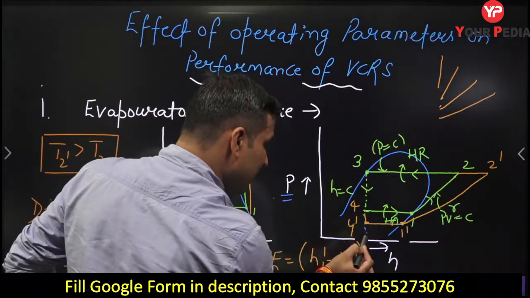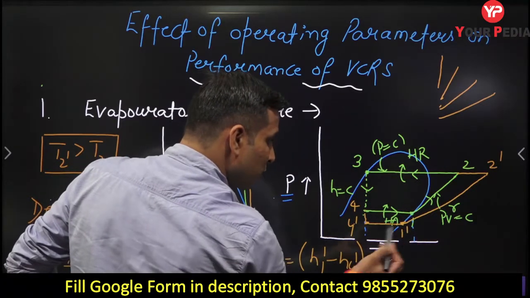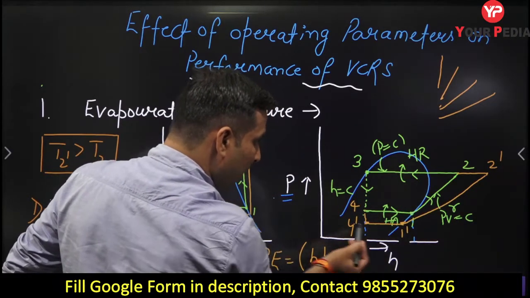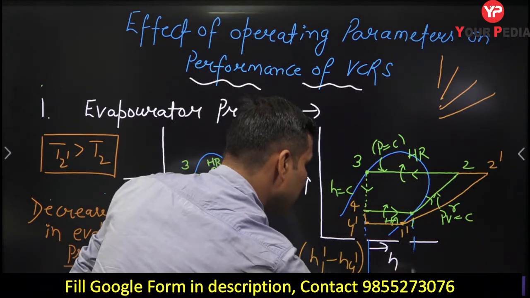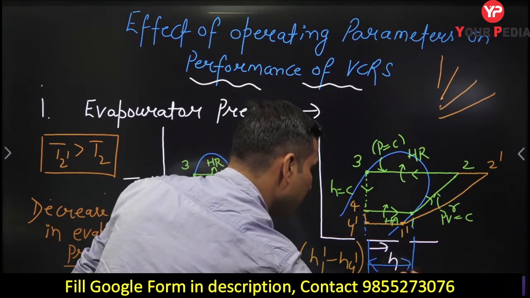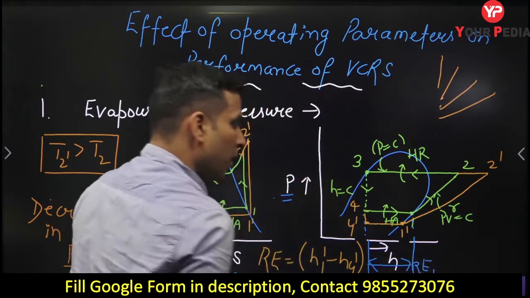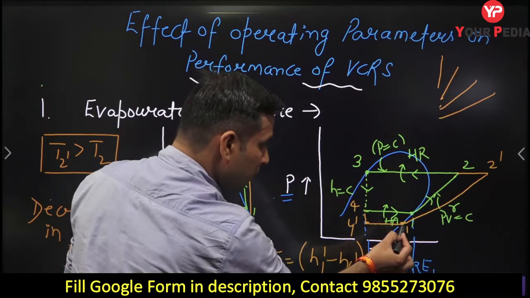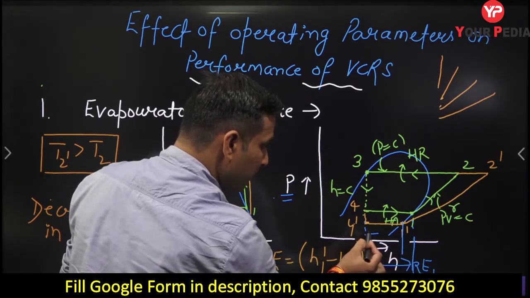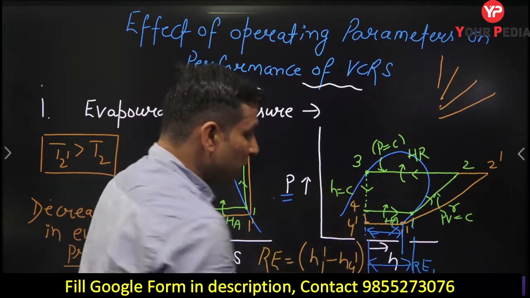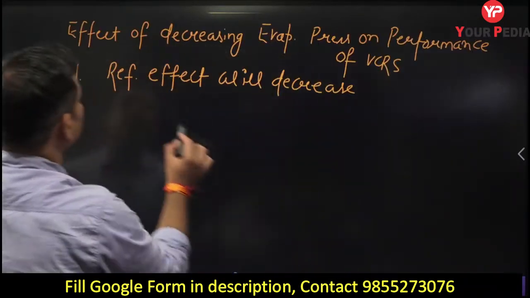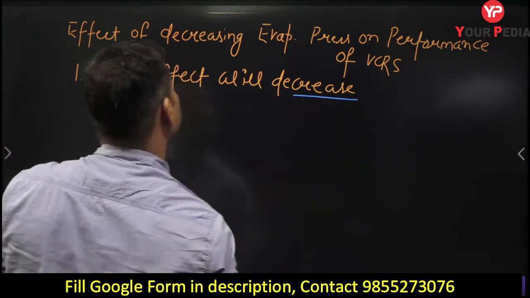In the first case, when the evaporator pressure is higher, this particular blue line H1 minus H4 is the refrigeration effect, RE1. Now this is the refrigeration effect, only this one, and this is less than that, easily you can observe. So the refrigeration effect will decrease.